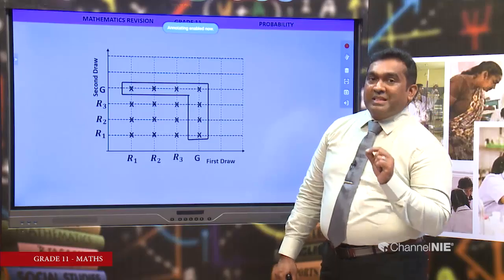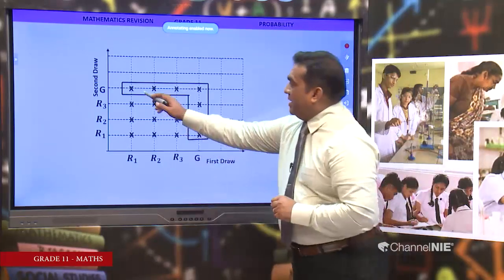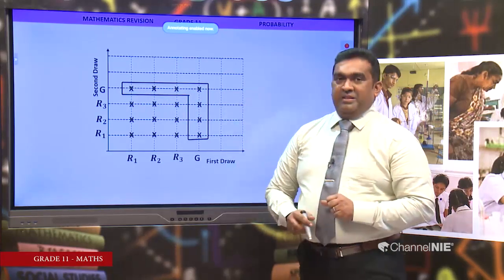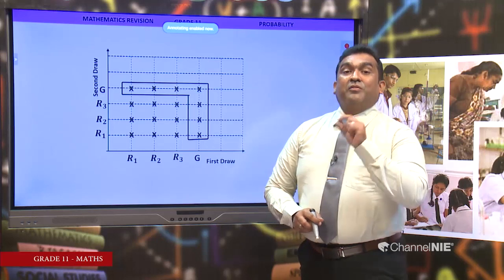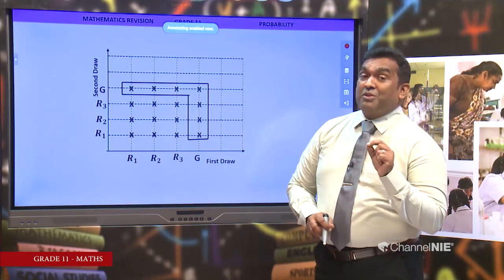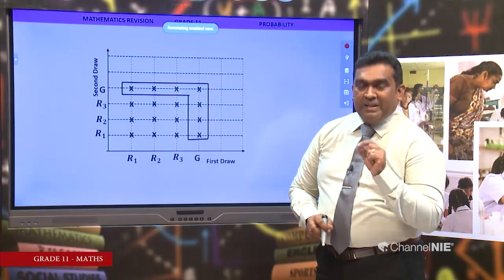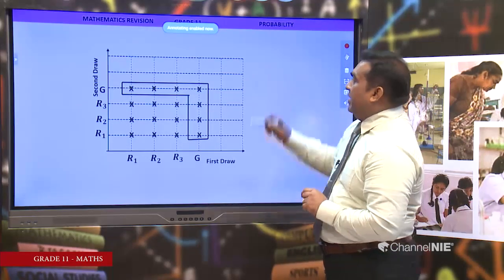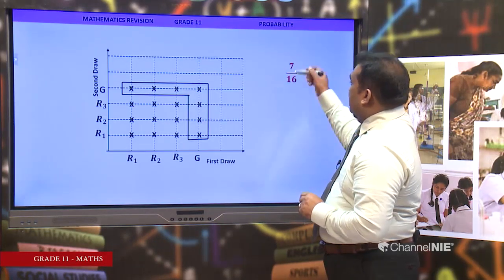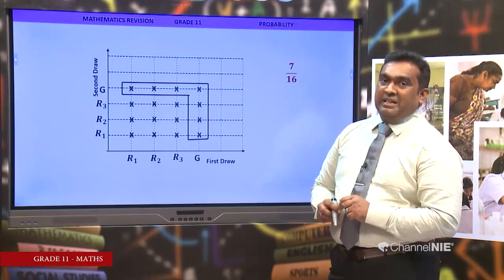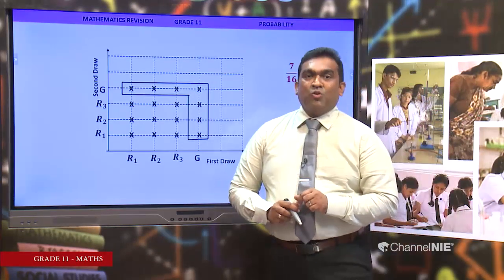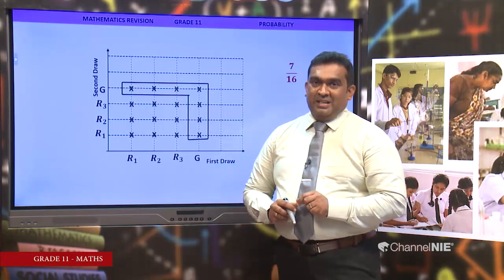How many elements in the event? 1, 2, 3, 4, 5, 6, 7. The number of elements in the event should be divided by the number of elements of the sample space. That is the probability of this event. 7/16 is the corresponding probability according to the given question.